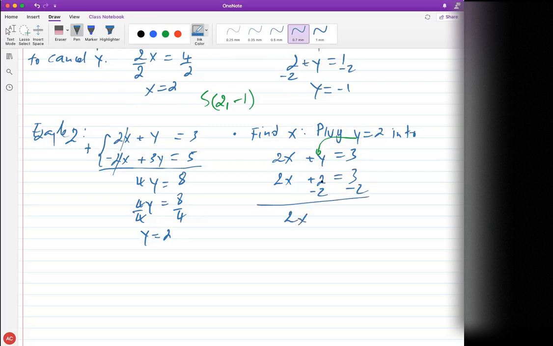So 2x, these cancel out. Will be 1. Finally, divide by 2, divide by 2. So x is 1/2. Okay, so we have both x and y. So that's the solution. And write those as a pair. So x first, always x first, and y second.